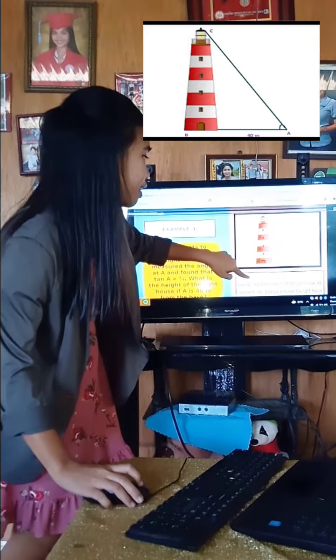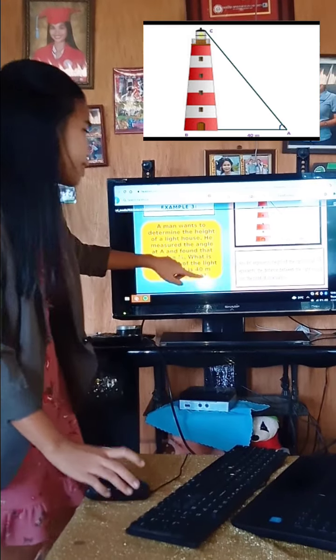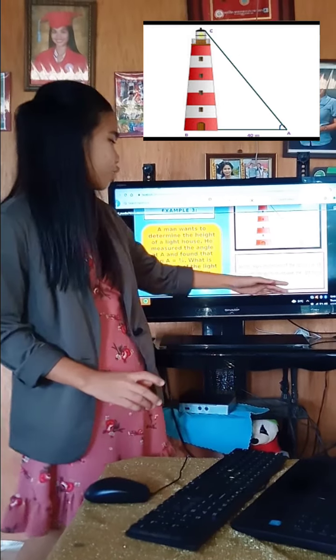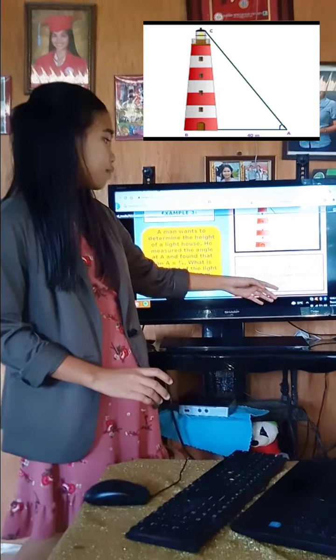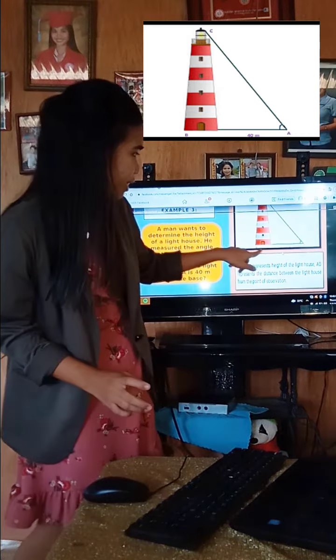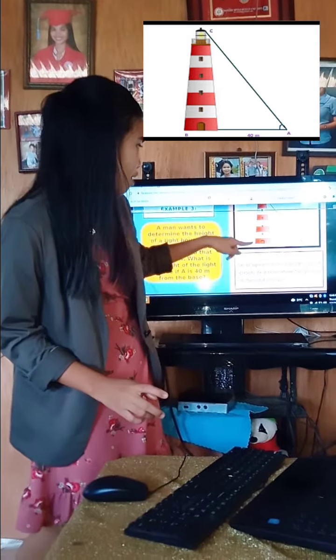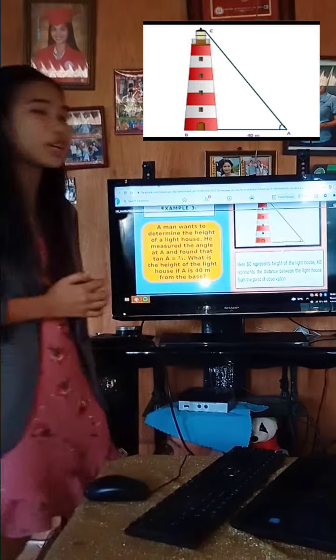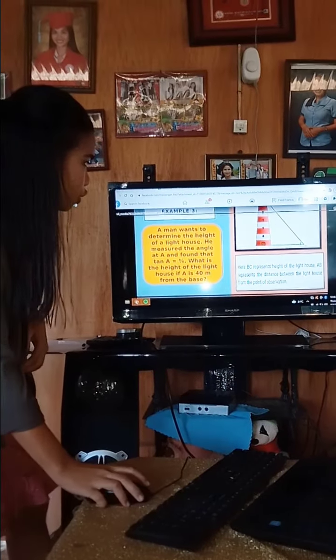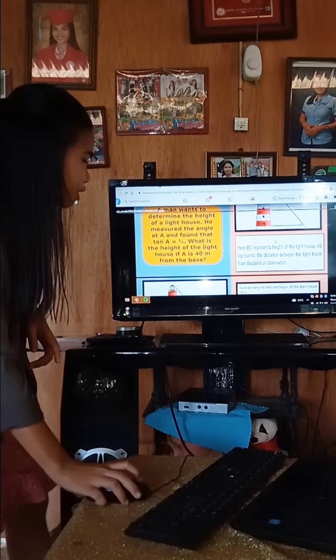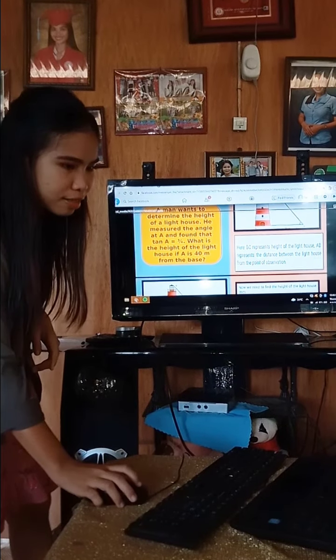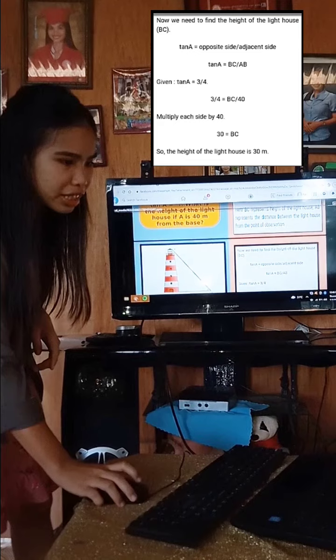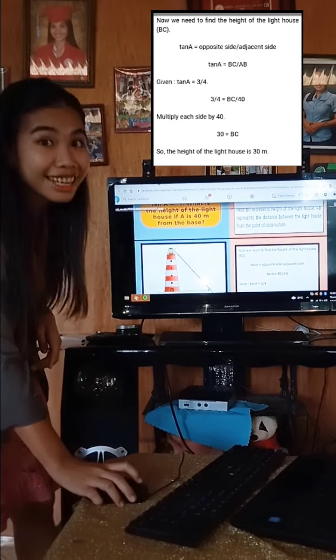The side AB represents the distance between the lighthouse and the point of observation, which measures 40 meters. Now let's find the value of what is being asked.